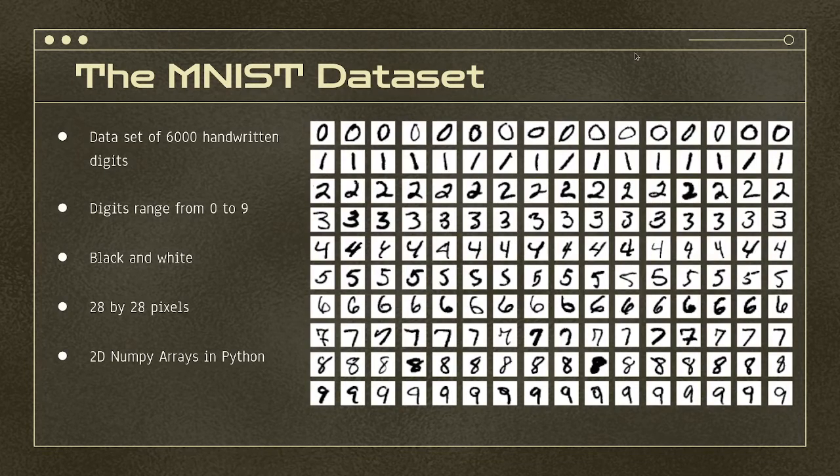All right. So the data that's going to be used is the MNIST dataset, which is 60,000 handwritten digits, ranging from 0 to 9. They're all labeled. They're black and white, and they're 28 by 28 pixels.